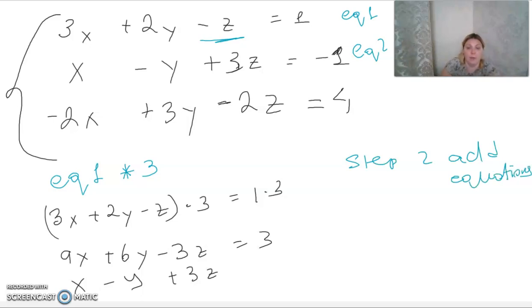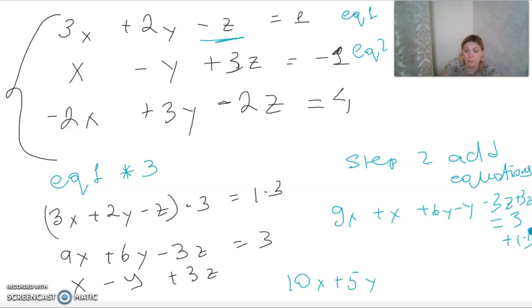Okay, so I've got 9x plus x, plus 6y minus y, minus 3z plus 3z, and of course 3 plus minus 1. So I'm going to end up with 10x plus 5y equals 2.